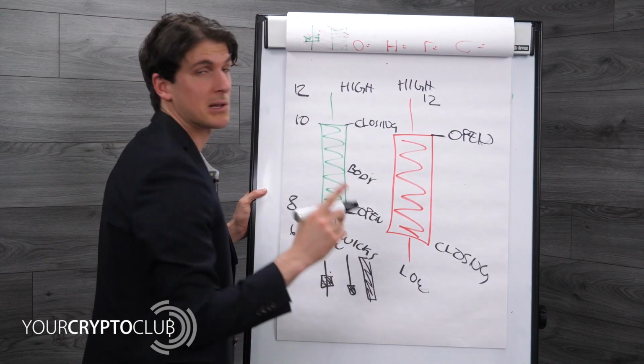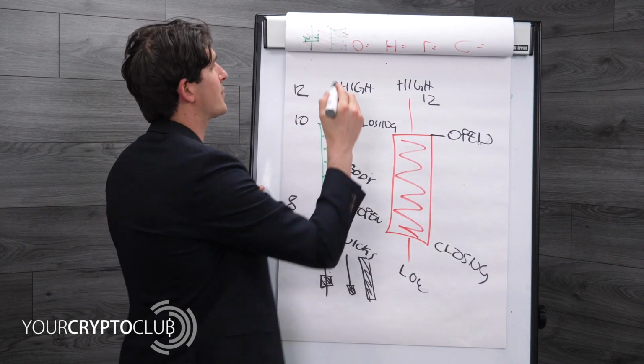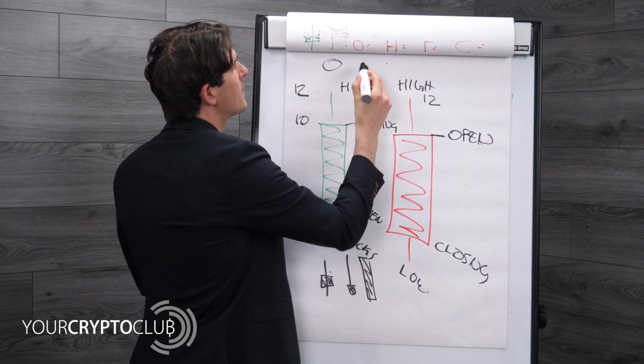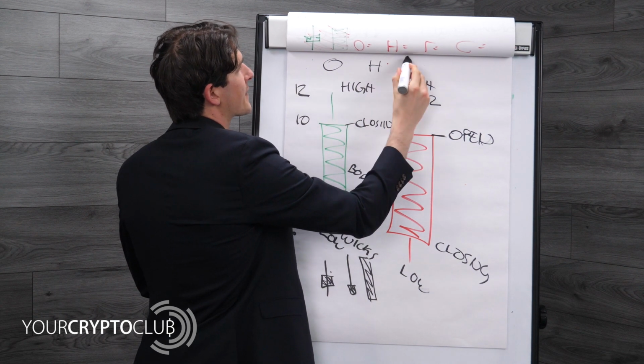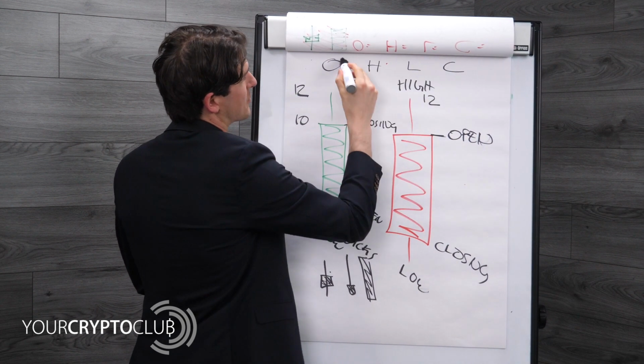What's interesting is that when you look at TradingView, you will see O, then the high, then the low, and then the closing price.